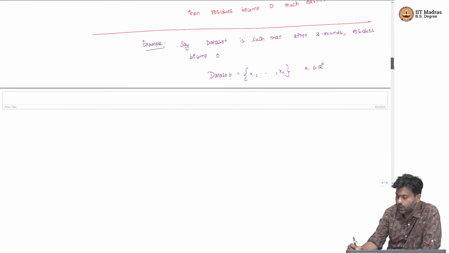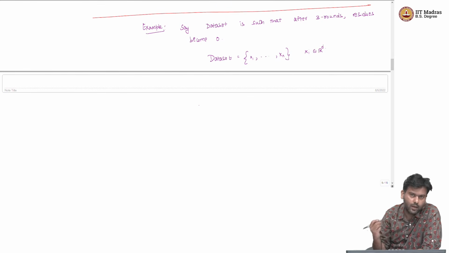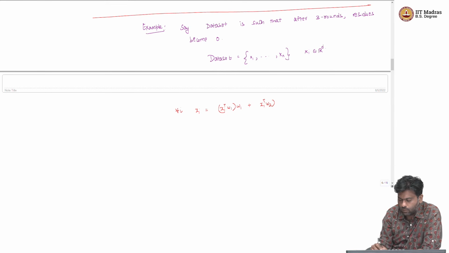Now, what does it mean to say the residues become 0 after 3 rounds? It means that we have found w1, w2, w3 such that for all i, xi equals xi transpose w1 into w1 plus xi transpose w2 into w2 plus xi transpose w3 into w3.